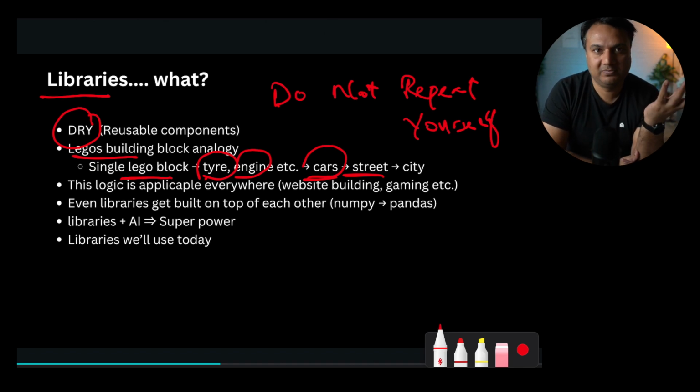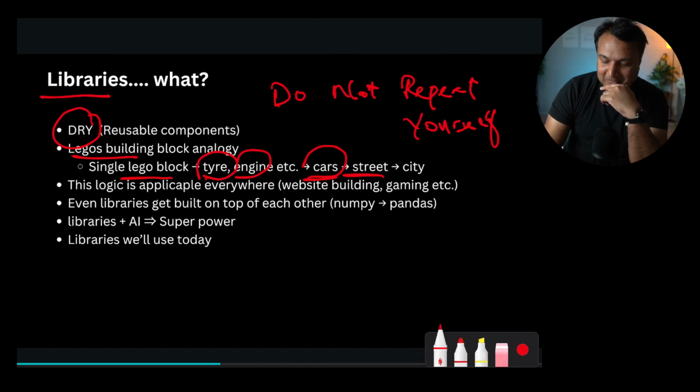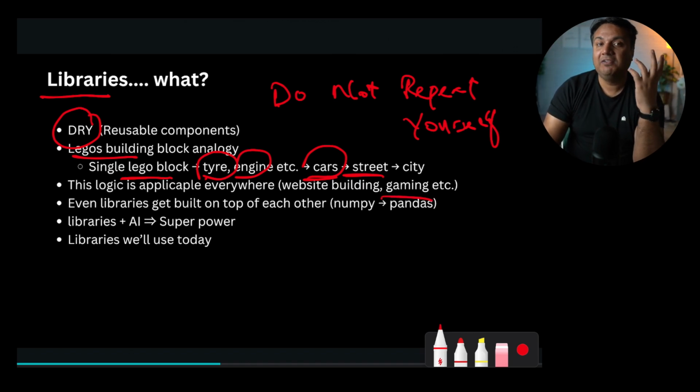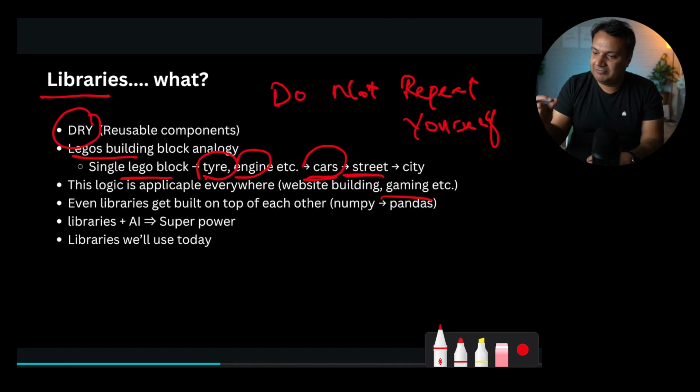WordPress is there. You can just use WordPress. Once you have decided on WordPress, then in terms of what the look and feel would be, you can create a one-time theme, and then people can just use that theme. Same goes for gaming. Do you think when people are creating games, they design every straw of grass from scratch? No.